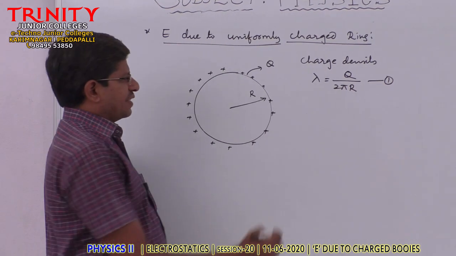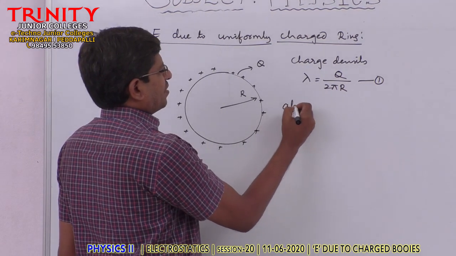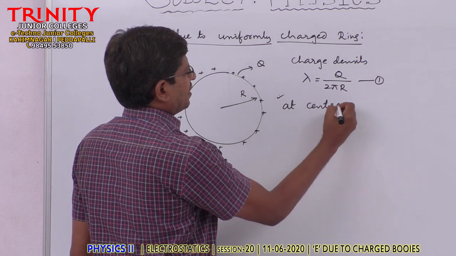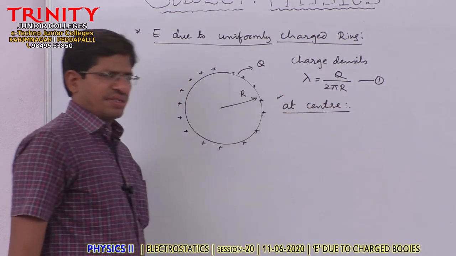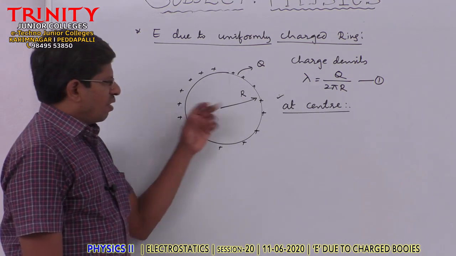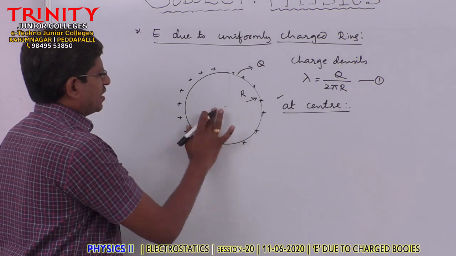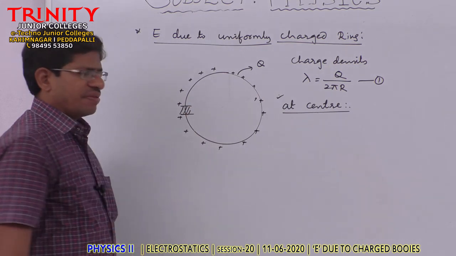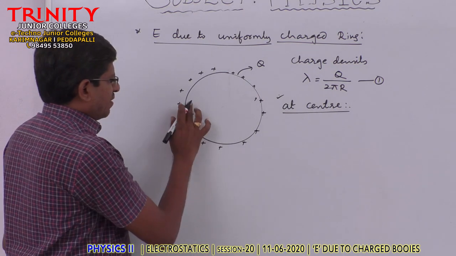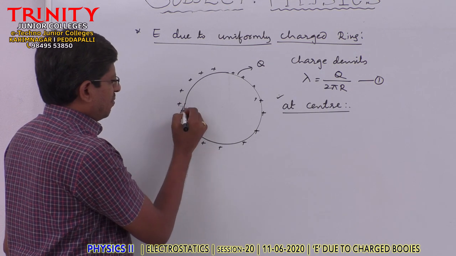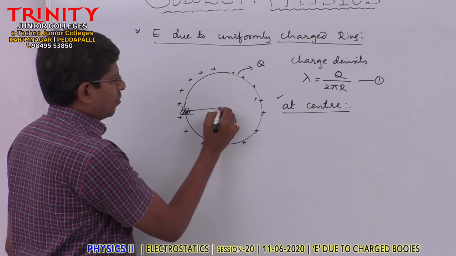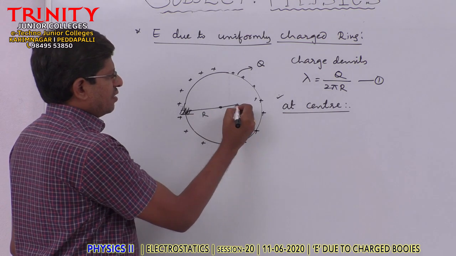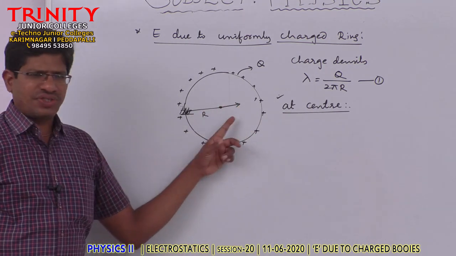Now the question is, at the center, what is the electric intensity? That is very simple to answer. If you take one very small charge element dq here, at the center, at distance r, the intensity will be in this direction.